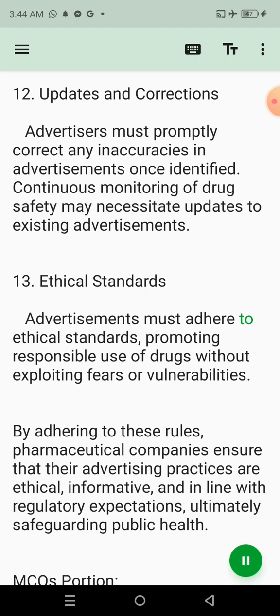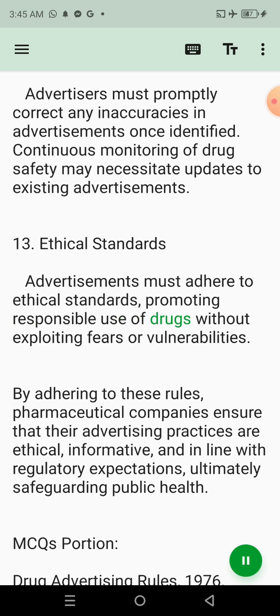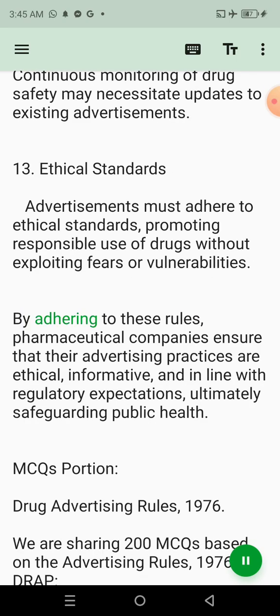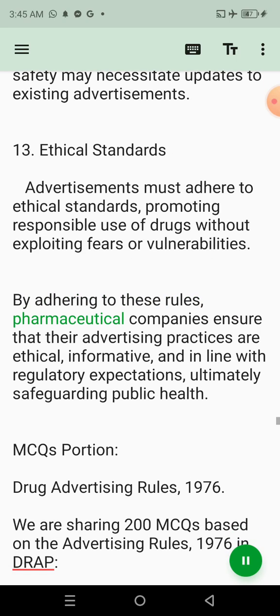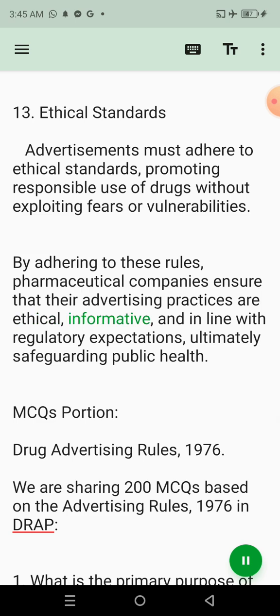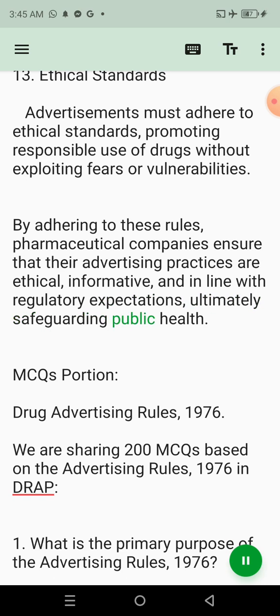Advertisements must adhere to ethical standards, promoting responsible use of drugs without exploiting fears or vulnerabilities. By adhering to these rules, pharmaceutical companies ensure that their advertising practices are ethical, informative, and in line with regulatory expectations, ultimately safeguarding public health.